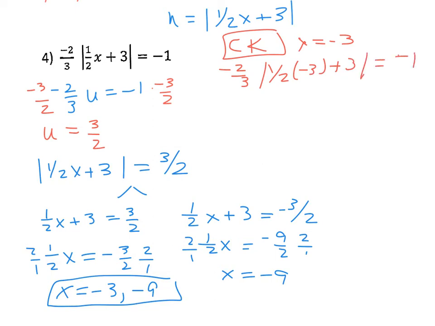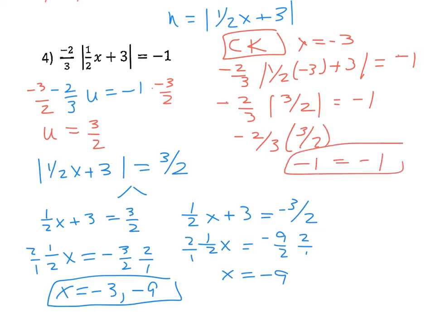So 1/2 of -3 is -3/2, which is -1.5. So -1.5 plus 3 is 1.5, which is 3/2. So then -2/3 times 3/2, it cancels, and I get -1 equals -1. So that one works. So we know that -3 works.